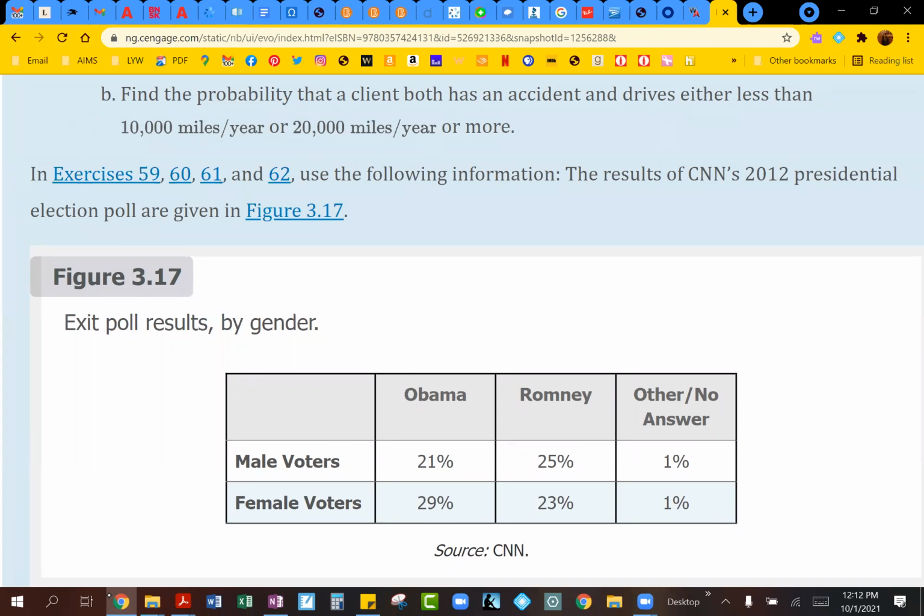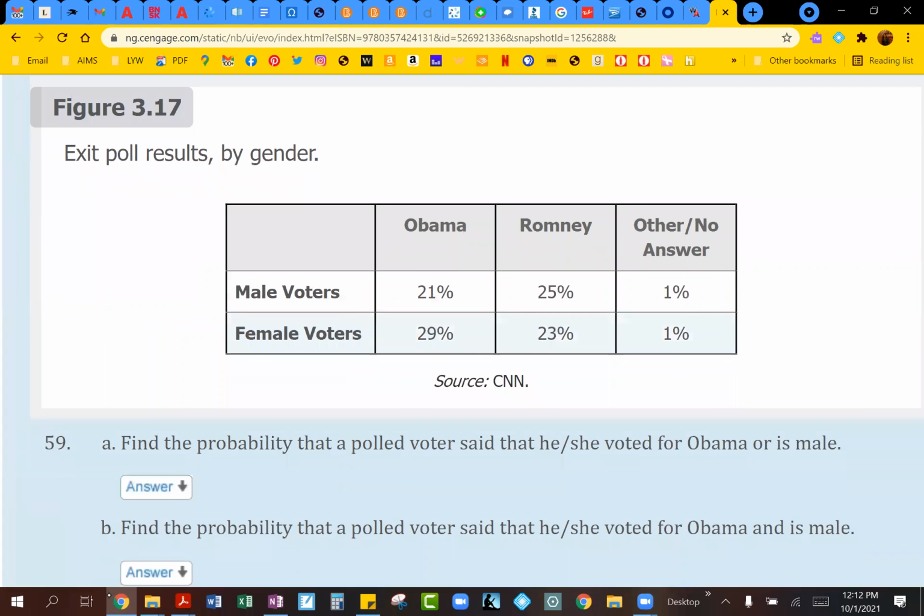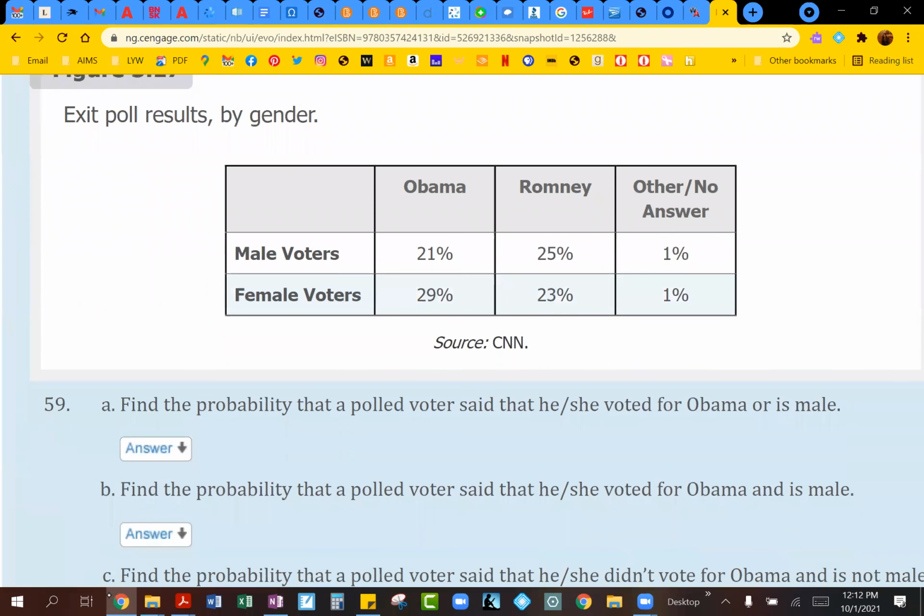This is talking about the result of CNN's 2012 presidential election poll. So this is what we have over here. They're dividing it by gender. So male and female voters, in 2012, of course, Obama and Romney were our candidates. And then how many people, I guess, didn't vote for either one of them.